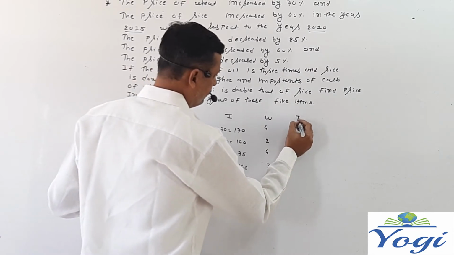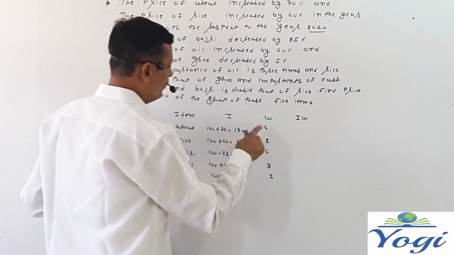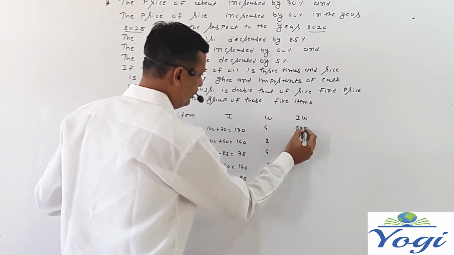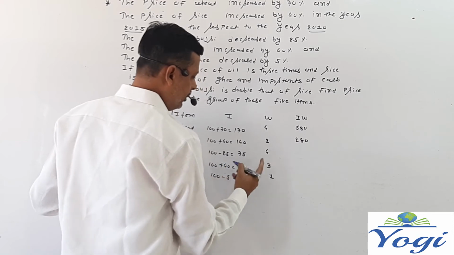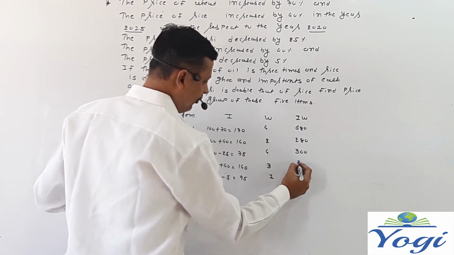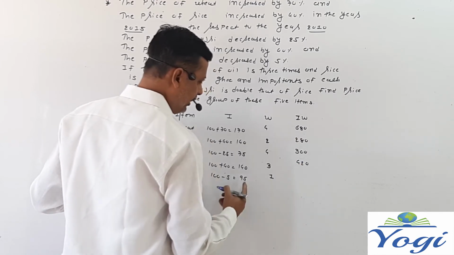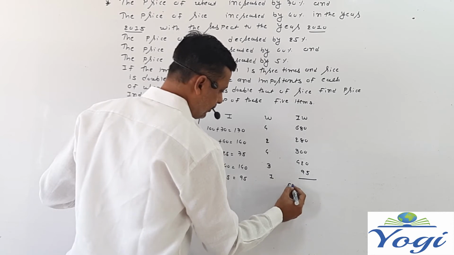Then I into W: 170 into 4, 680; 140 into 2, 280; 75 into 4 become 300; 140 into 3, 420; 95 into 1 become 95.